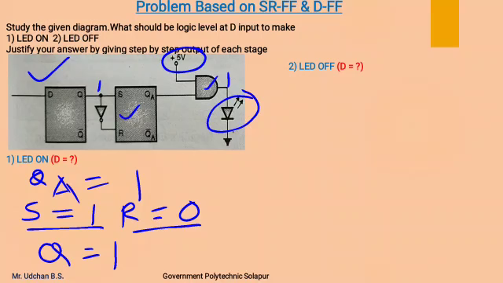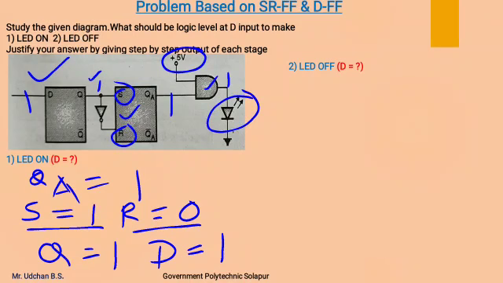So to have Q, the output of the D flip-flop, high, we have to make the data input of this D flip-flop a 1, which will give the Q output 1, which will make set input 1 and reset input 0, by which we will get the output as 1.